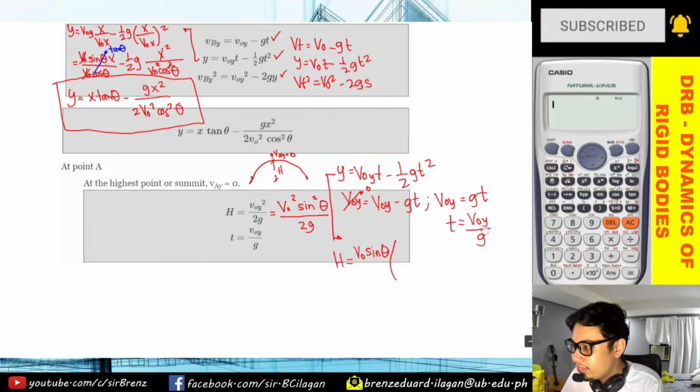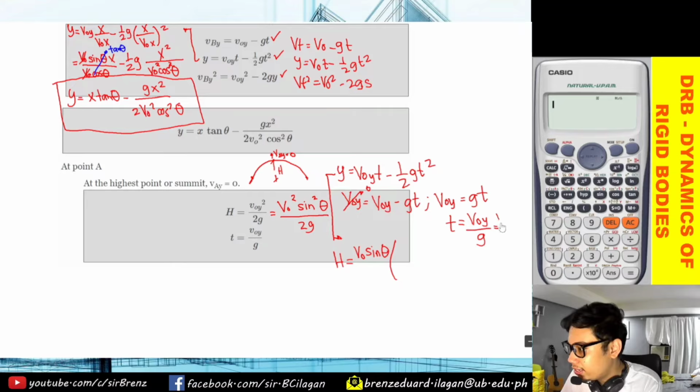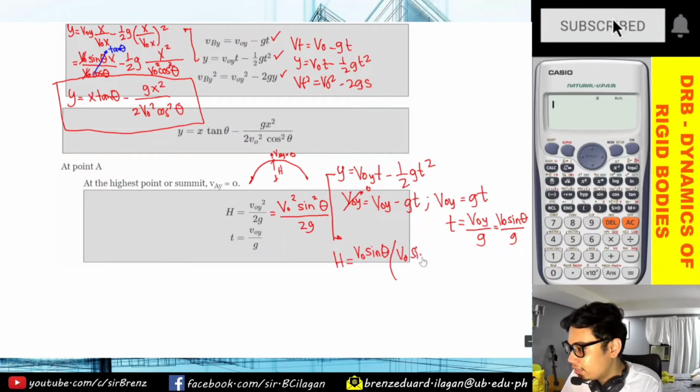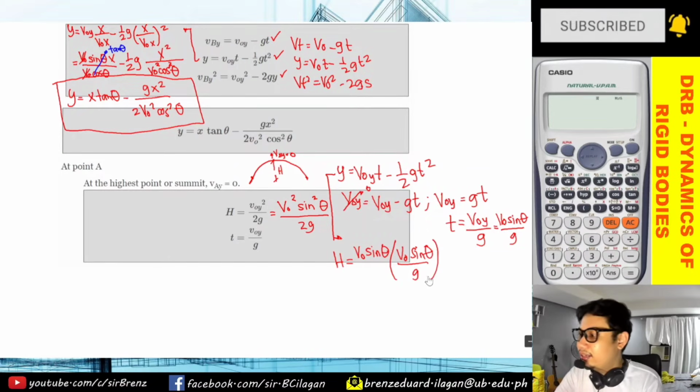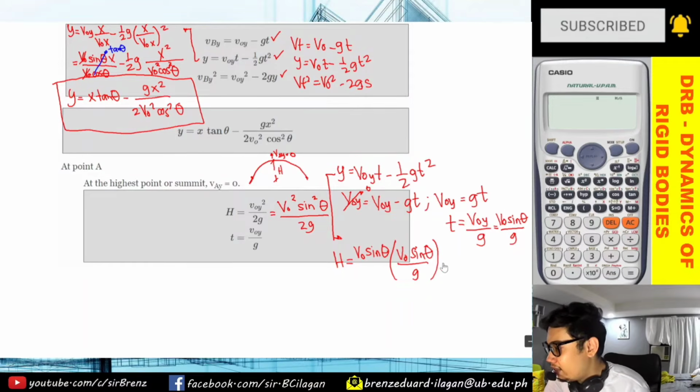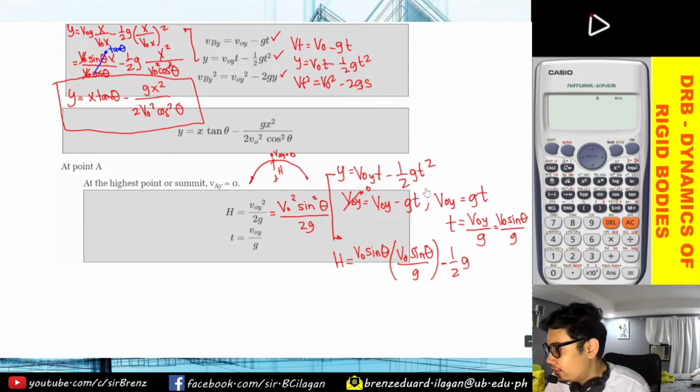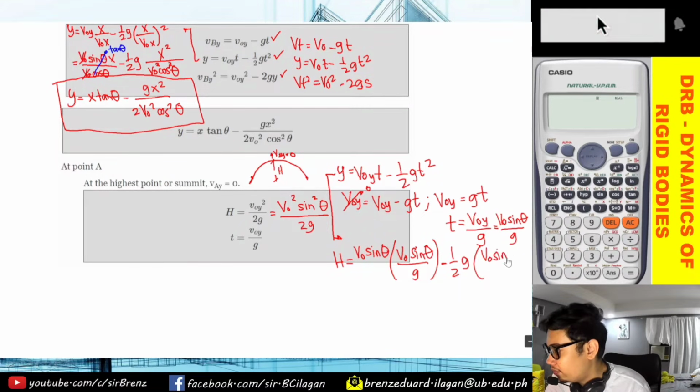So, ito nga is V0y din, or ito can be written as V0 sine theta all over g. Ayan. So, V0 sine theta all over g. Okay, so okay lang. So minus 1/2 of g times time squared. So ito, V0 sine theta all over g, tapos naka-squared.